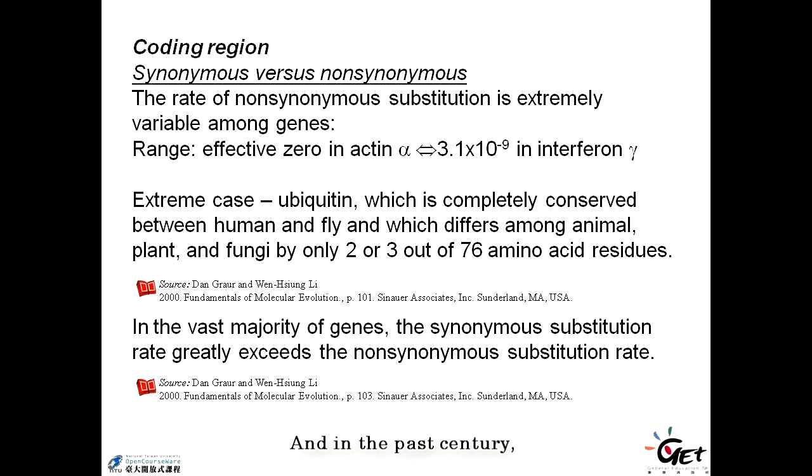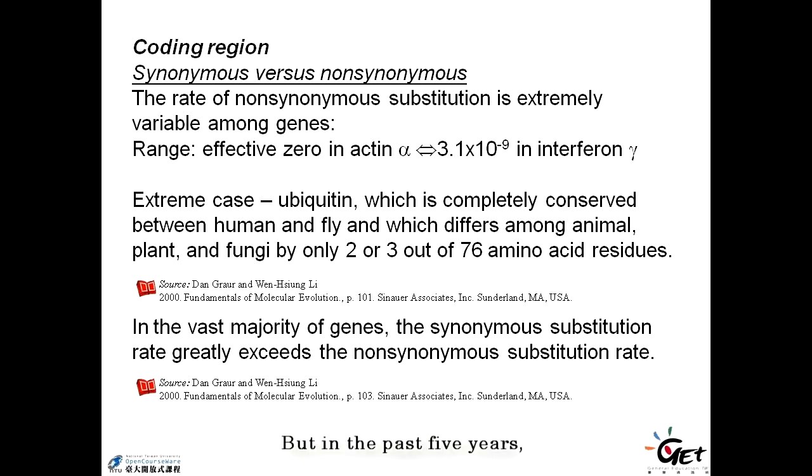In the past century, that means like 10 years ago, we didn't know that many non-coding genes. We knew more about proteins working in the cell and their functions. That's why a lot of molecular evolution studies concentrated on protein-coding genes.